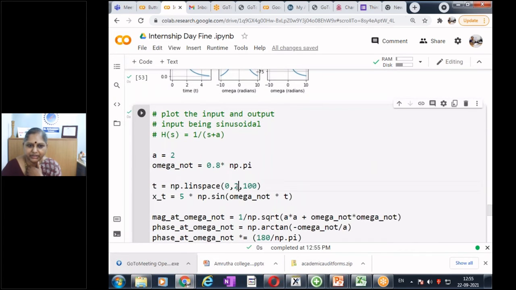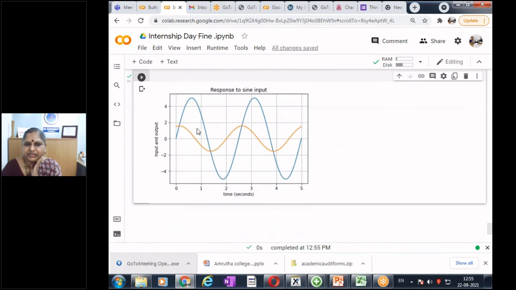Let me increase the time duration of my signal so that it becomes 0 to 5 instead of 0 to 2, and let me plot it. So this is my input and output.